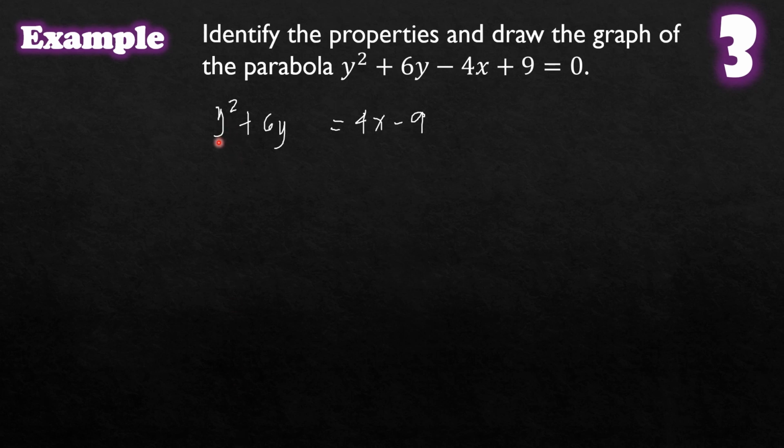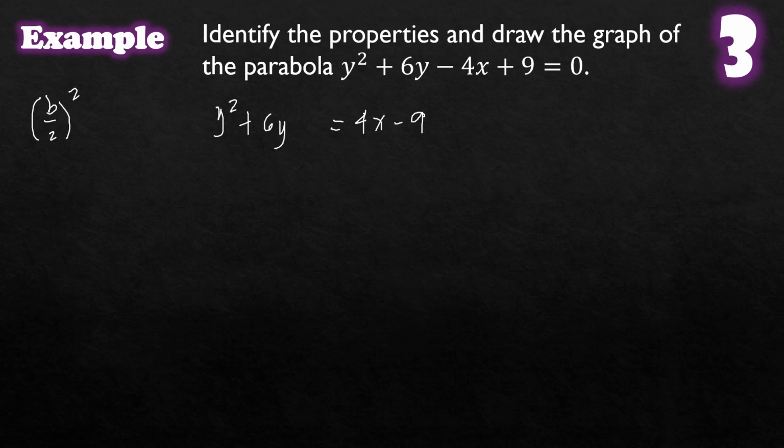Notice that the leading coefficient in the quadratic expression is 1 and the coefficient of y is 6. Then we can complete the square in the quadratic expression by adding (b over 2) squared to both sides of the equation. And since b is equal to 6, we will have 6 divided by 2 is 3 squared.